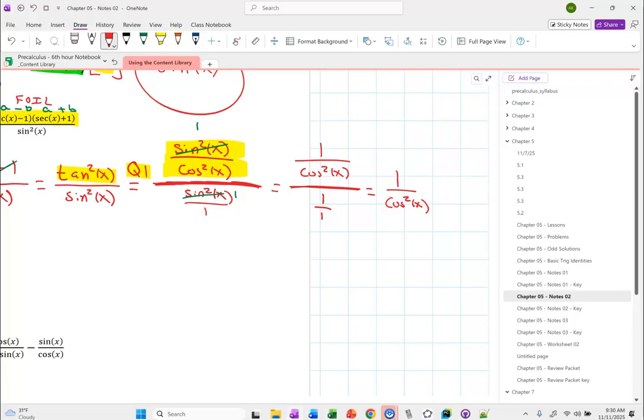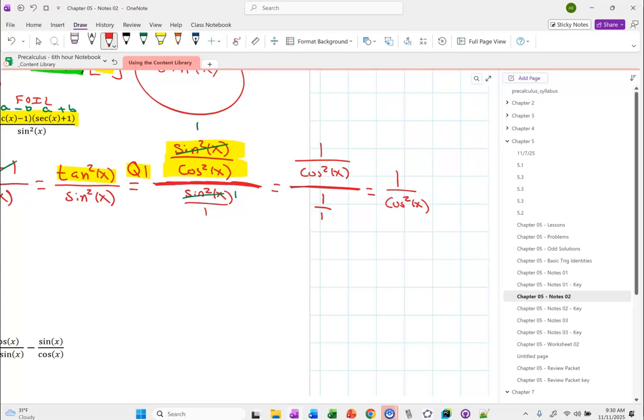Is everybody following what I've done so far? Okay. Now this is getting pretty good. We have just one trig function left. The only way this gets simpler is if I can write this as not a fraction. I have a fraction with one trig function in it. The only way it gets better is if it's no fraction at all.